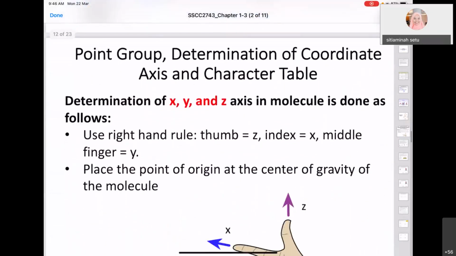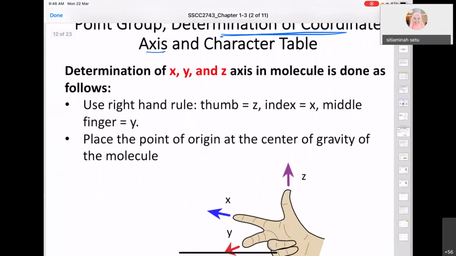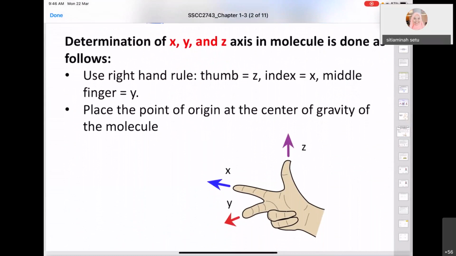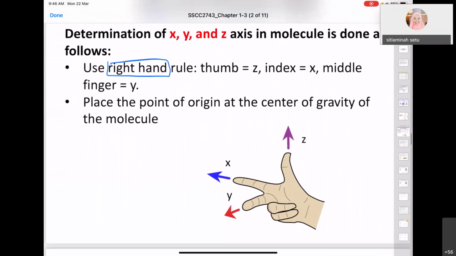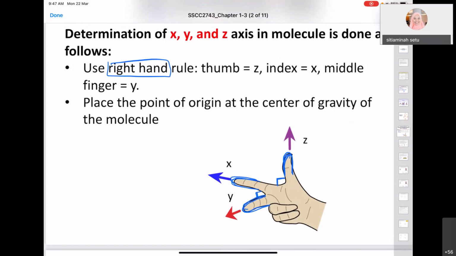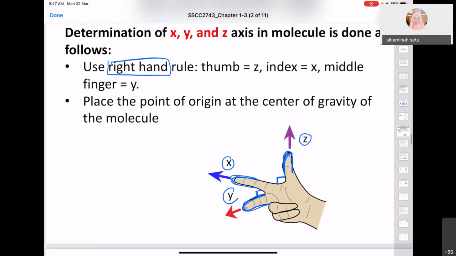The character table we will not go into in detail. So how do we determine the coordinate axes? Determine the definition of the coordinate axes. We have X, Y and Z axes in the molecule, so we have to use the right hand rule. Here, the right hand rule. You have to make your hand like this. Everyone try. Your thumb goes up. Then the index finger here. This is 90 degrees. The same here, 90 degrees for the middle finger. So from your fingers, the thumb represents the Z axis, the index finger is the X axis and the middle finger is the Y axis.